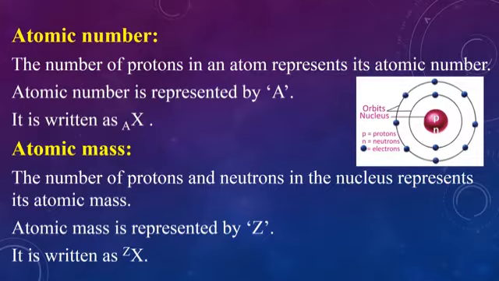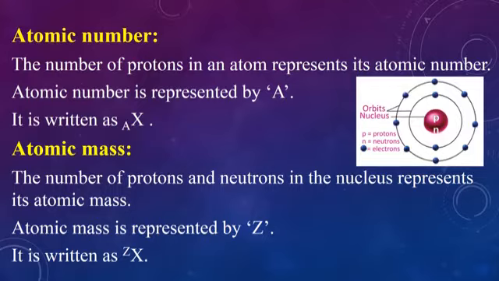So far we have learned about atomic number and atomic mass. Atomic number means the number of protons in the nucleus of an atom, and we can also define the atomic number as the number of electrons in an atom, because the number of protons and number of electrons are always the same for a neutral atom.